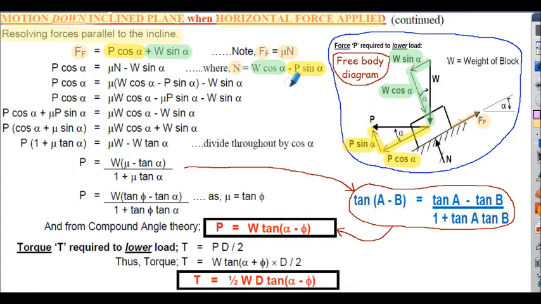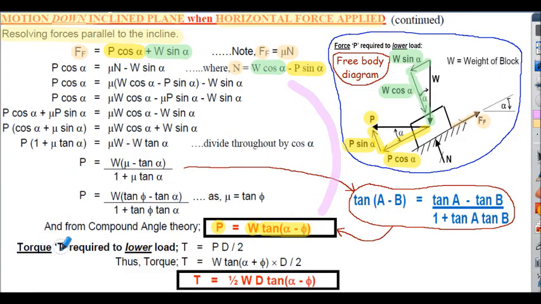From here on, the solution is very similar to that shown previously. I've labelled the solution here, so hopefully it makes it easier for you to follow. And applying compound angle theory again, we ultimately end up with a formula for force P, or horizontal force, shown here, which is equal to W multiplied by tan of alpha minus phi. Notice the sign change here in the bracket.